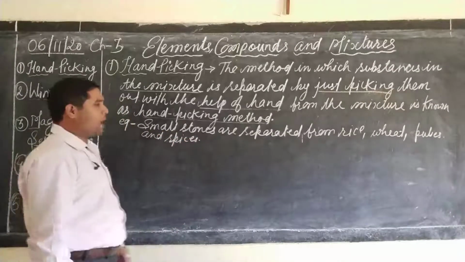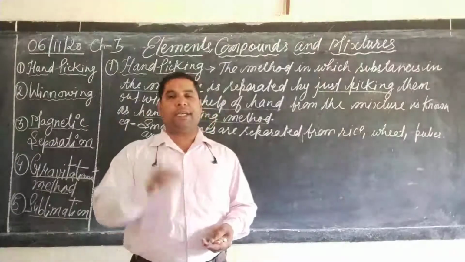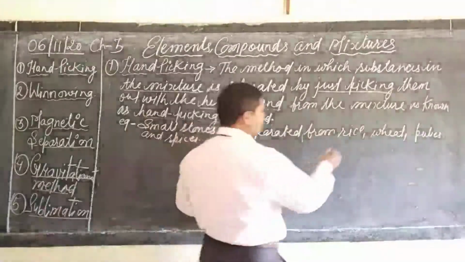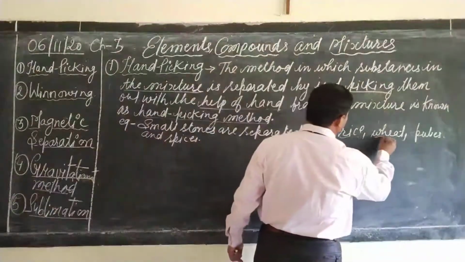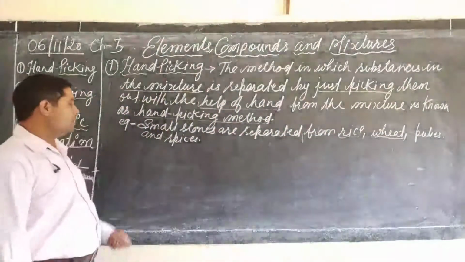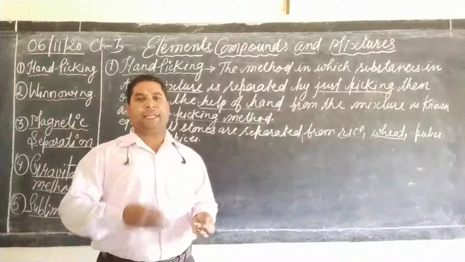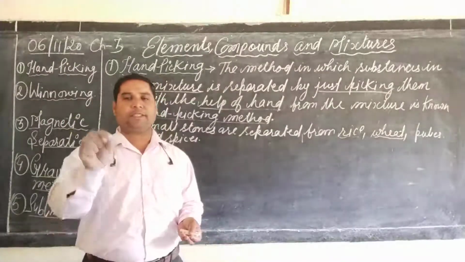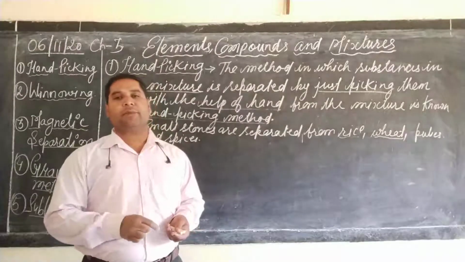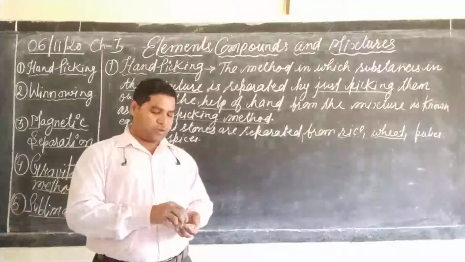So dear student, you may have seen practically in your home, mother used to separate small stones from rice, wheat, pulses, gram, spices and many more eatable products. Means by hand picking, these small stones can be separated. Next process I am going to explain to you, winnowing.